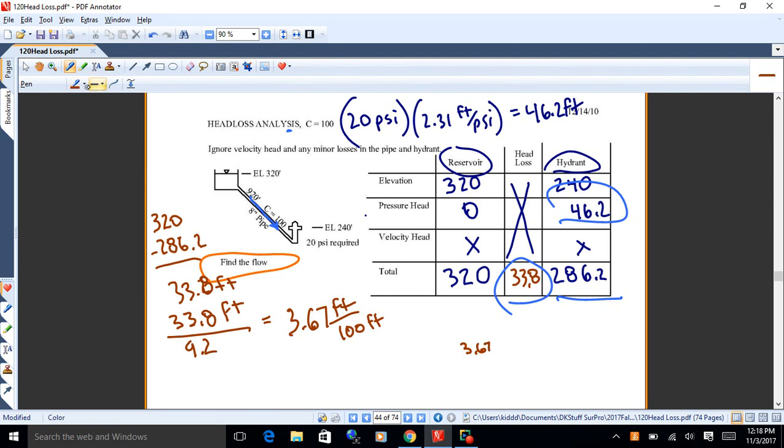And then when I look at that, what I'm seeing is for 8-inch, for 550, I've got 3.51. And then for 600, I've got 3.83. That's what I'm pulling off the chart.